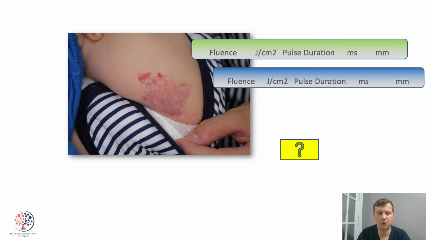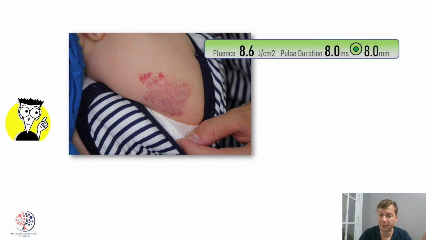This is a 7-month-old female who is going to have a laser treatment under general anesthesia. I hope you remembered, as I pointed out a few sessions ago, we have to slightly decrease the fluence if the hemangioma is located over a place with a great epidermal skin thickness.